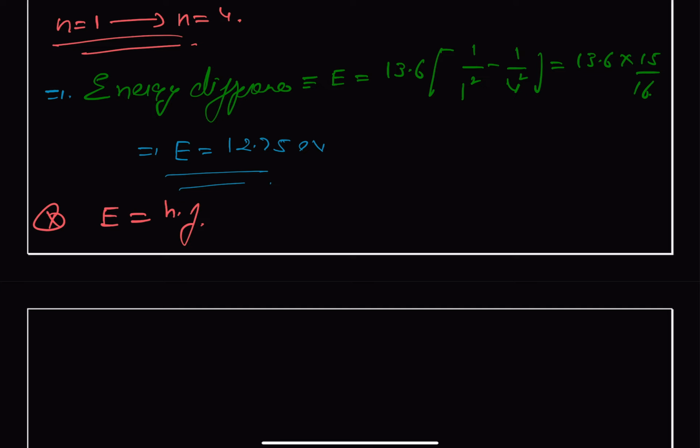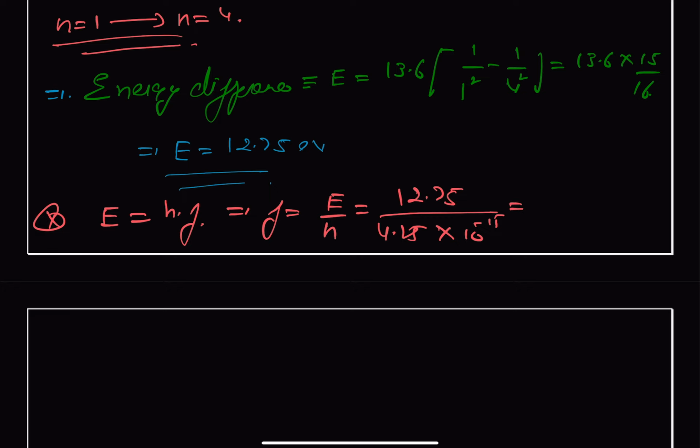So frequency is equal to E upon h, which gives 12.75 times 4.25 into 10 to the power minus 15.